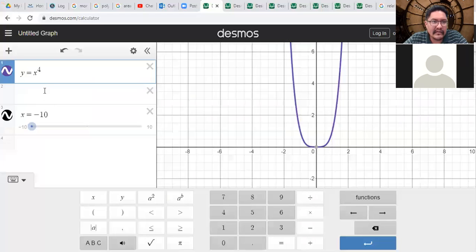So I'm going to go back here, and I'm going to punch in the 5 power, and it kind of looks like the 4 power one with one side turned down. So let's go ahead and get back to our worksheet and graph that function.